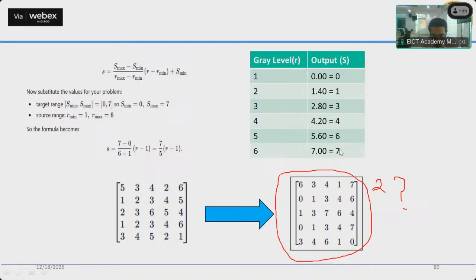But it doesn't mean that every point will be covered. That's why not only 2, even 5 is also not here, because no level has been mapped to 2 and 5. But one thing is necessary in histogram stretching: minimum value and maximum value will be present.